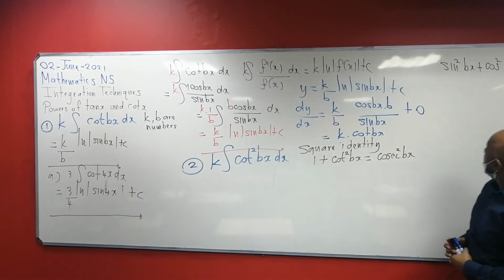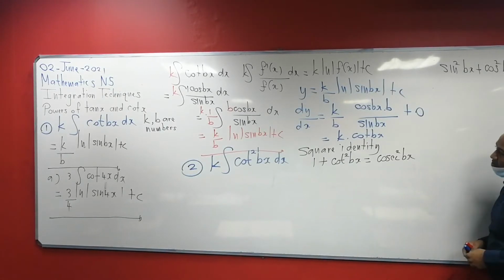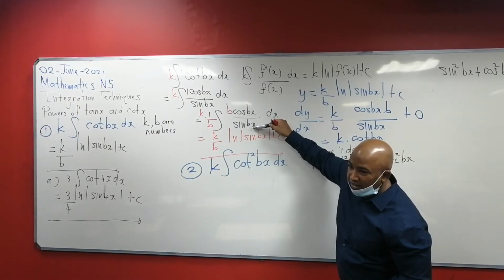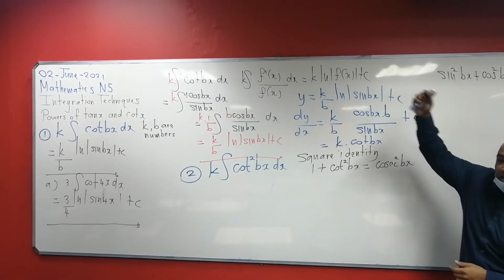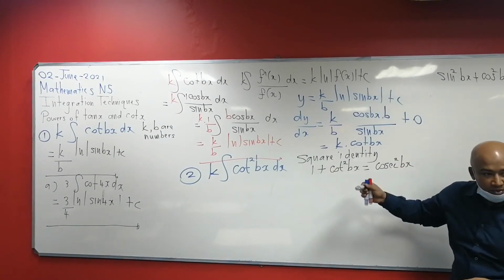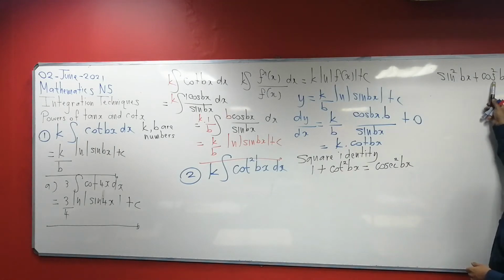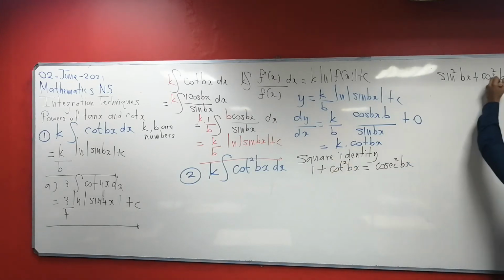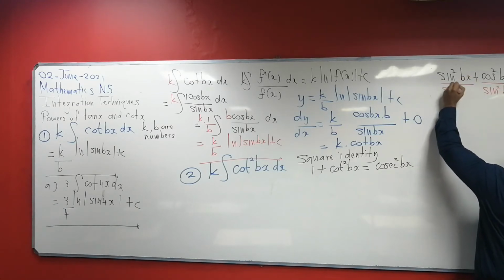So what can cot be written as? We know that cot is cos over sine. So cot² is cos² over sine². I want cot², so I must divide every single term by sine².